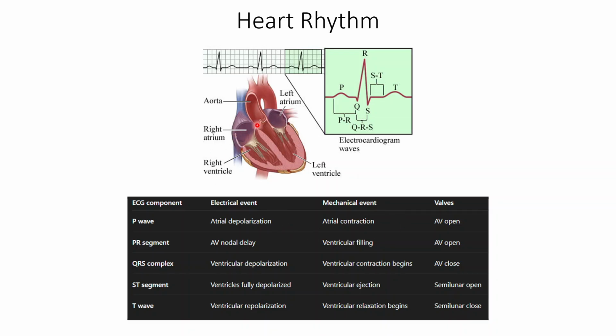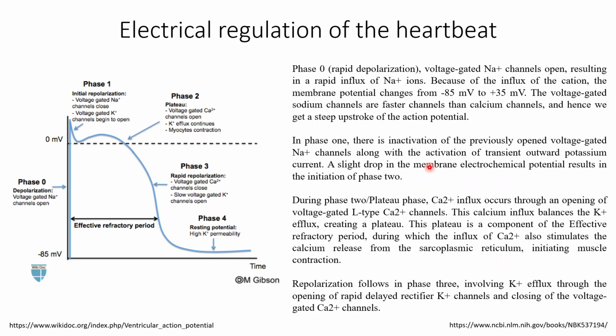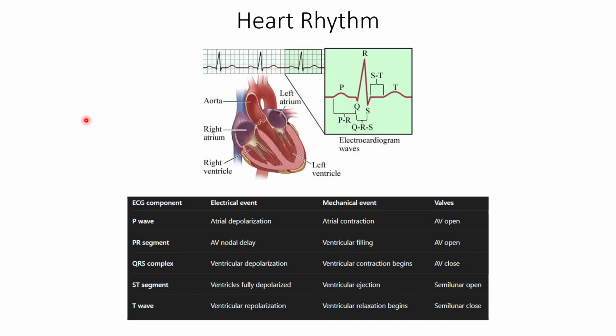You have the left and right atria depolarizing, meaning this initial shooting up phase. Sodium channels are open. And you have atrial contraction. So what does atrial contraction mean? The blood is being pushed from the atria into the ventricles. That's why the AV valves, the atrioventricular valves, are open.